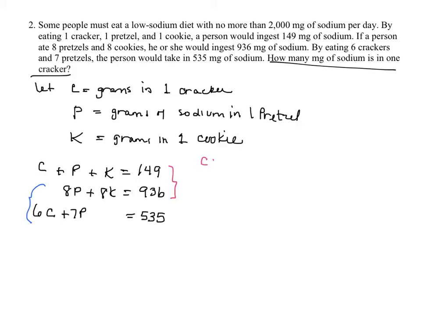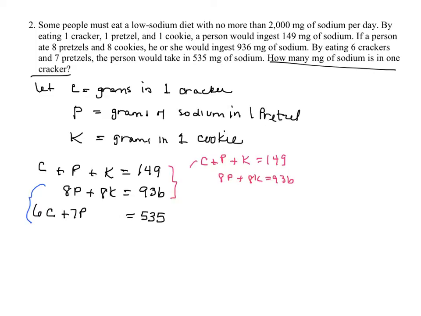So C plus P plus K equals 149. 8P plus 8K equals 936. And I multiply the top equation by a negative 8.